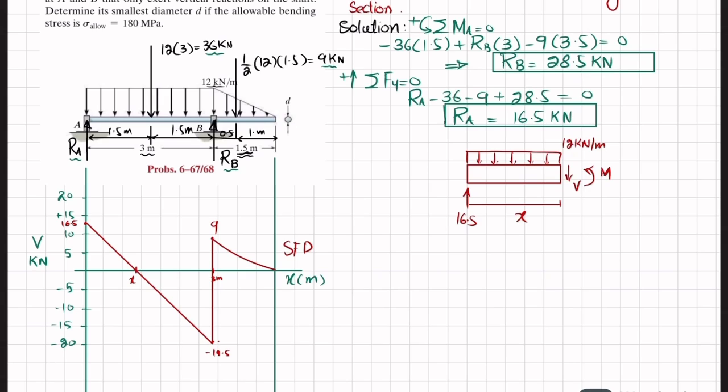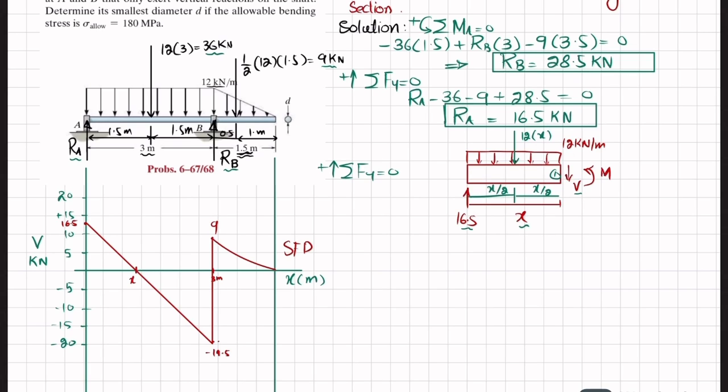Now you can see, when this uniformly distributed load is converted into a point load, it will be equal to 12 into the length over which it acts, and that is x, and that will act at a distance of x by 2, at half of this length. Now we'll find this shear force equation by using sum of all forces along the y direction must be equal to 0, and upward force is taken as positive.